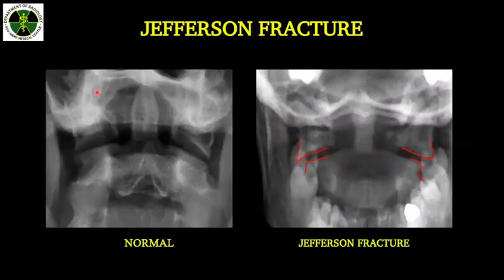So this is, again, the open mouth view showing the dens. These are the lateral masses of C1. In Jefferson's fracture, there can be an increase in space between the dens or odontoid process and the lateral masses of C1, as well as lateral masses extending beyond the borders of C2.